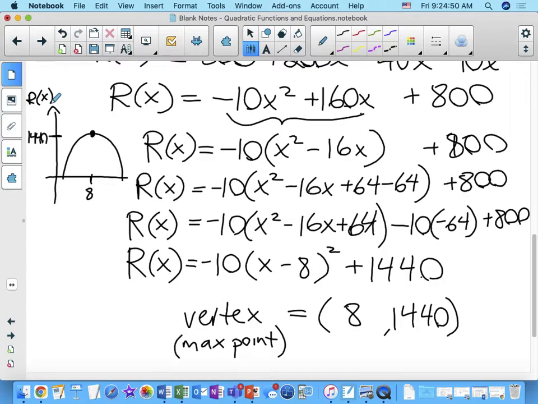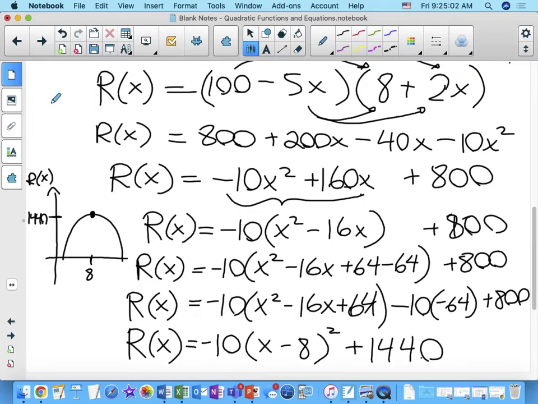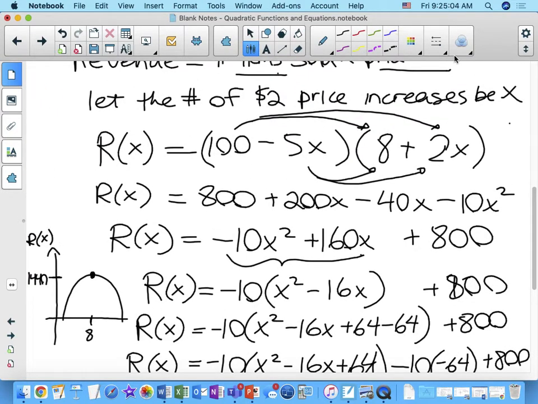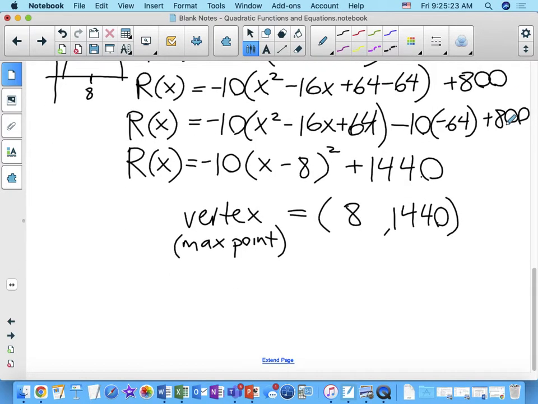Okay, 8 is X. Okay, now you don't want to answer 8 though, because you need to go back to your let statement and think about what does X actually represent? X is the number of $2 price increases. So if I have 8 $2 price increases, how much have I increased the price by? $16. So what's the new price going to be?